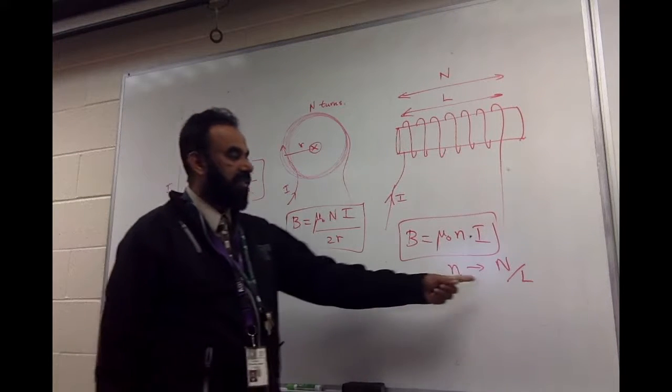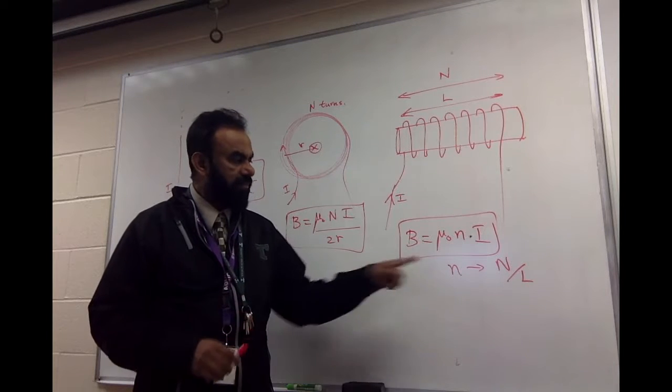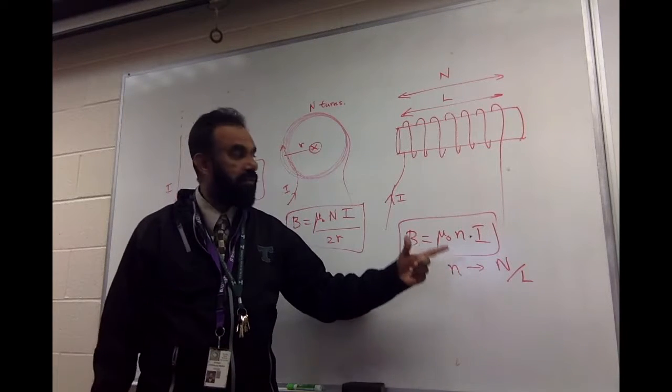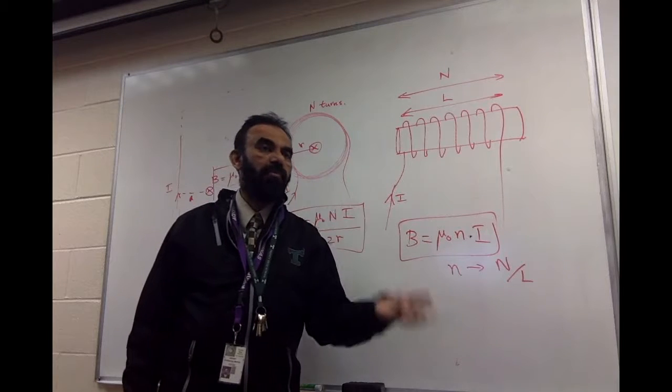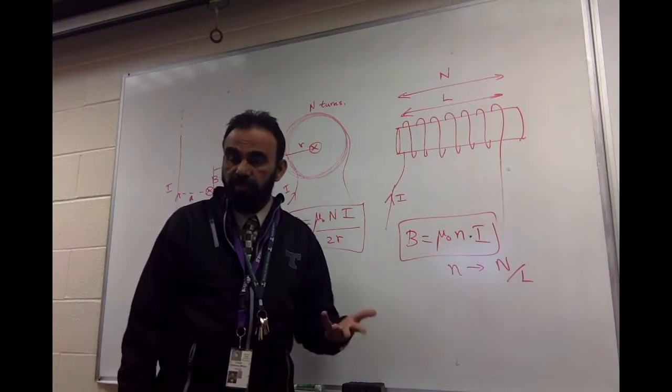N stands for the number of turns, L stands for the length of the solenoid. So if n is smaller and smaller, then the magnetic field strength is going to be weaker and weaker also. So the more crowded those wires are, the better the magnetic field.